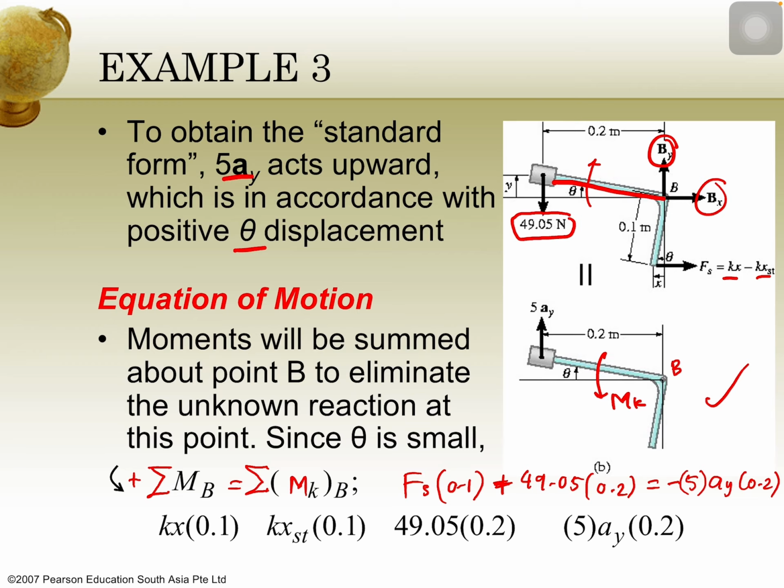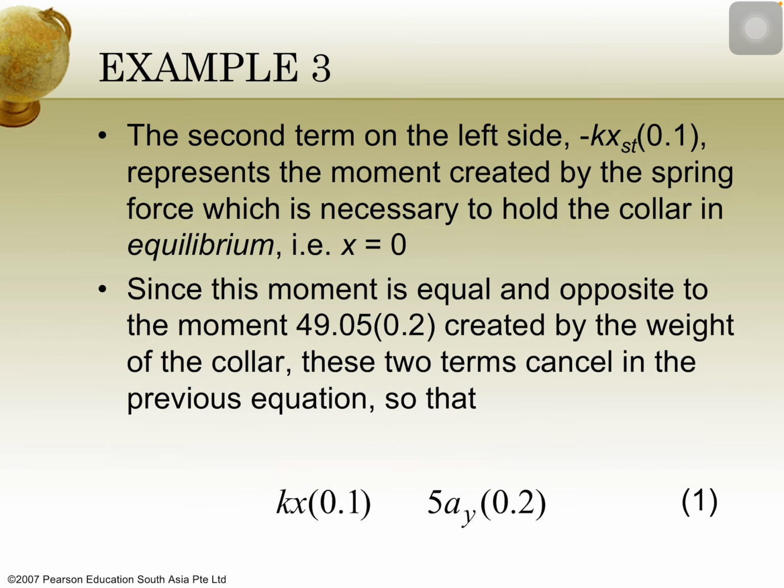Therefore, since the acceleration is clockwise, it is negative. Alright. So this Fs is replaced with this one, plus the weight, equal to -5 A times 0.2. Alright, so this is the equation of motion that we can get.